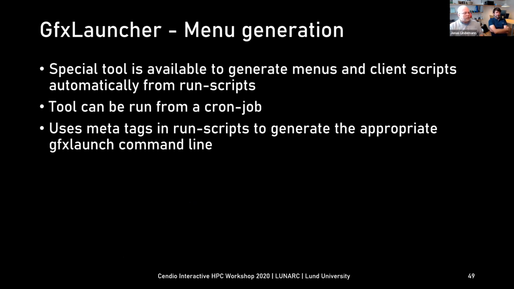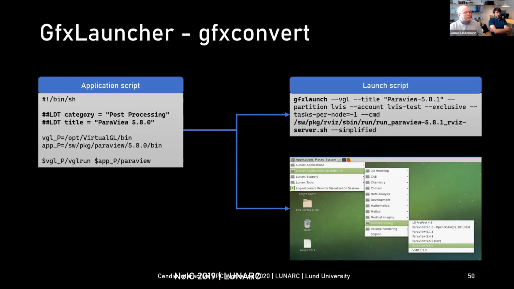There's also another tool that we have developed that is part of the same tool. There is a command line script that can generate menus and client scripts automatically from the created run scripts. By placing special meta tags in the run scripts, menus can be generated automatically. In this case, on the left, we have a run script that contains the LDT tags, and those are used to create a menu structure.